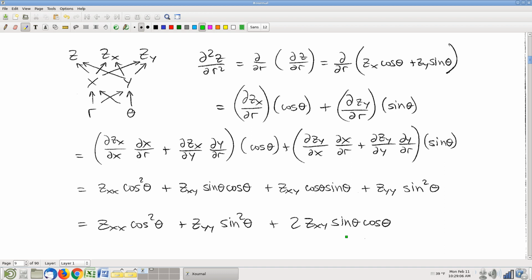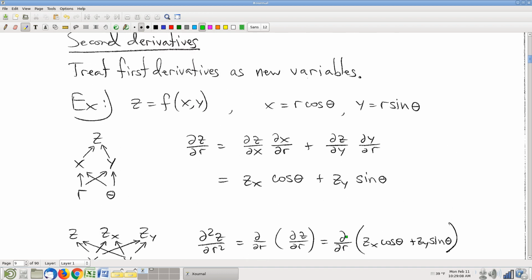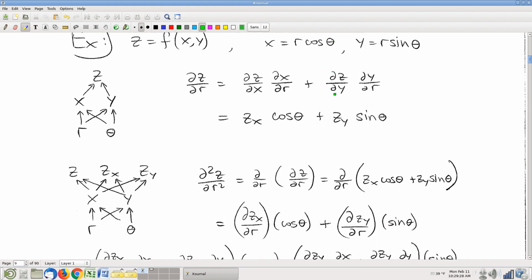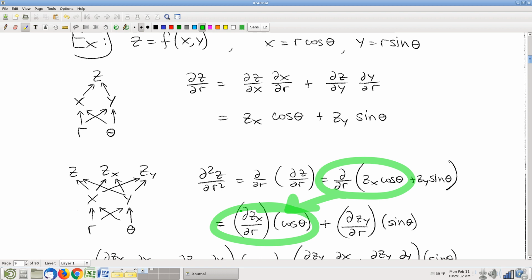Things get a little different in this example. If instead of taking the second partial with respect to r, what if you were taking the second partial with respect to theta? It's morally kind of equivalent. It just plays out a little bit differently. One thing you'll notice in particular is that this good fortune with the product rule, that convenient little thing, doesn't happen when you're doing the theta second partial.